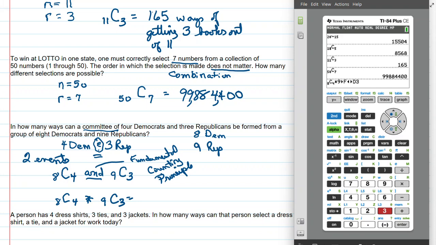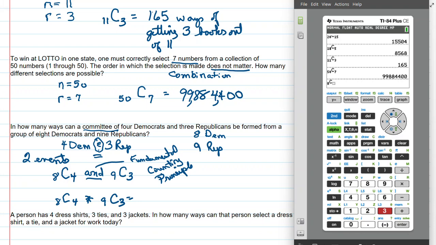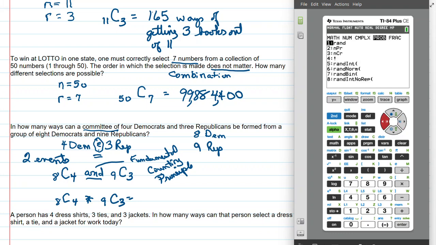Oops. Let me clear that and I'll try it again. I was sideways. I am so sorry. Math, PROB. I'm going to choose 3 and do 4. And I go side arrow, times, and then I'm going to enter 9, math, PROB, and then I'm going to go with the number 3 and enter 3. Now it looks good. All right, so I'm going to have 5,880.